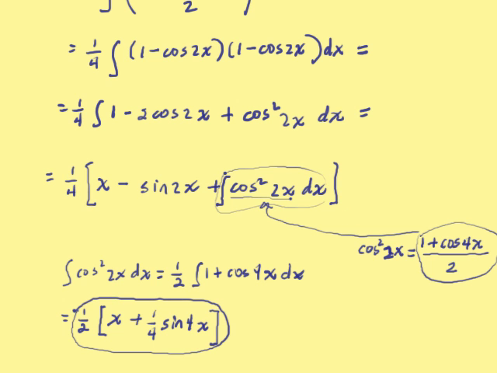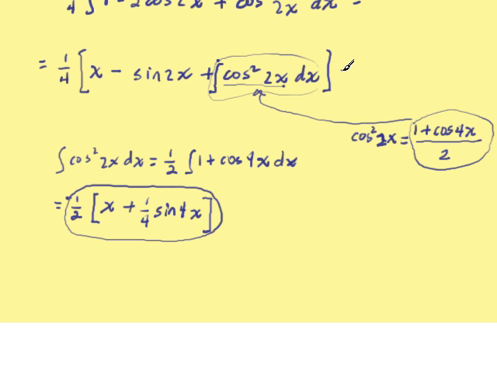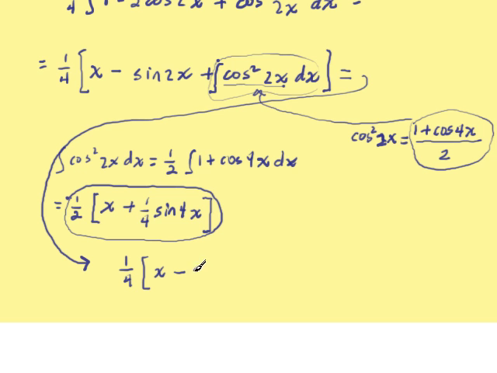So finally, as our final answer, we have the following. Let's just take this and continue right here. We have 1/4 times x minus sine 2x plus what we just found here, 1/2 times x plus 1/4 sine 4x.